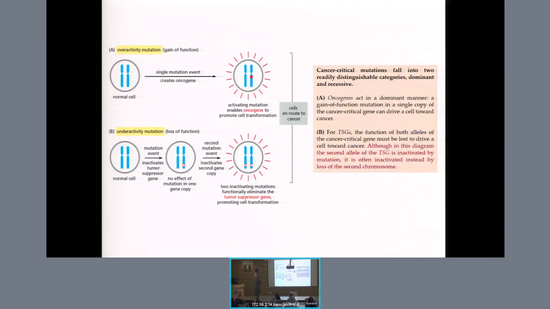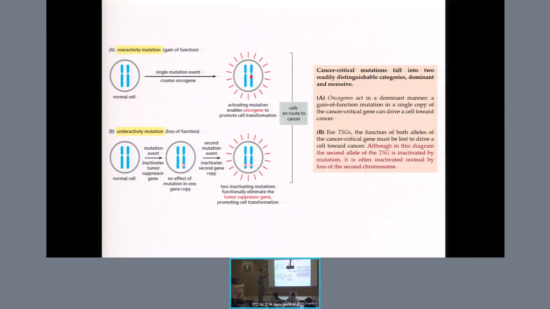While for the recessive ones, or for the suppressor genes, if a single mutation happens, it won't transform the cell into a tumorous cell. We need another mutation in the second copy of the gene. When that happens, then a protein's effect is down, and the cell turns into a tumorous cell.